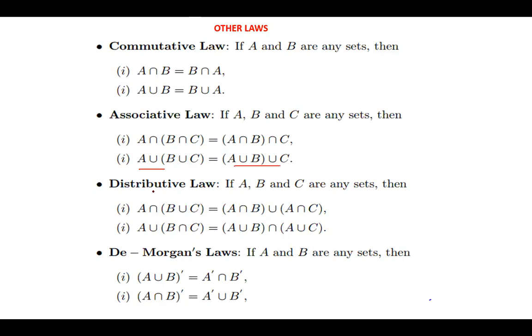And then distributive law here simply means that when you have something like this, you can distribute it. If you remember what I said earlier, when you have A intersection things in the brackets here, when you are distributing, as long as there's no minus. Remember the reason the sign was changing in the brackets is because there was a minus, but in this case we don't have the minus.